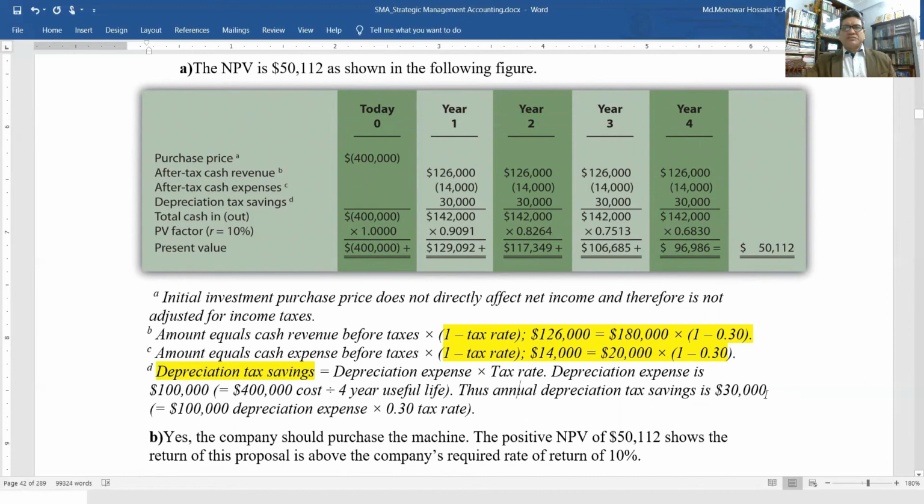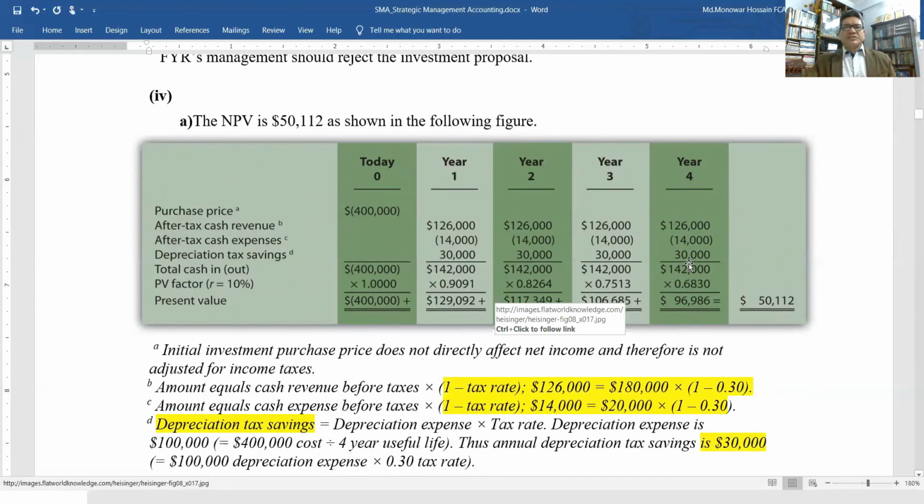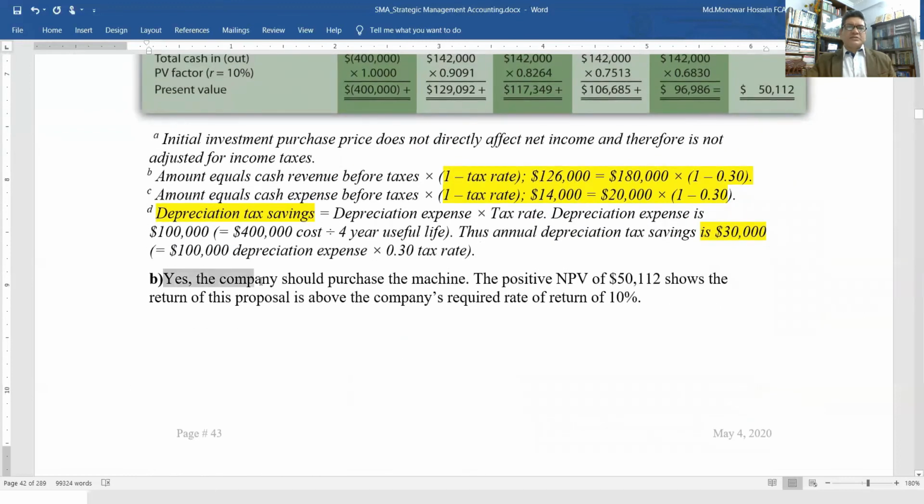The annual depreciation tax saving is 30,000, that means 1 lakh multiplied by 30%. So total cash in or out, and if we multiply by the PV factor and sum it, we get 50,112, which is positive. So yes, the company should purchase the machine. With a positive NPV of 50,112, it should accept the proposal at the company's required rate of 10%.